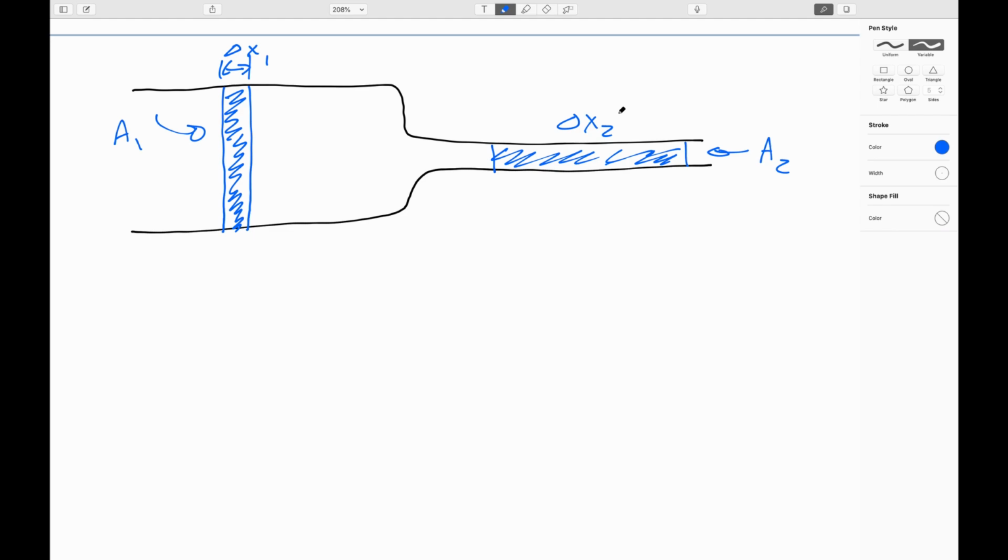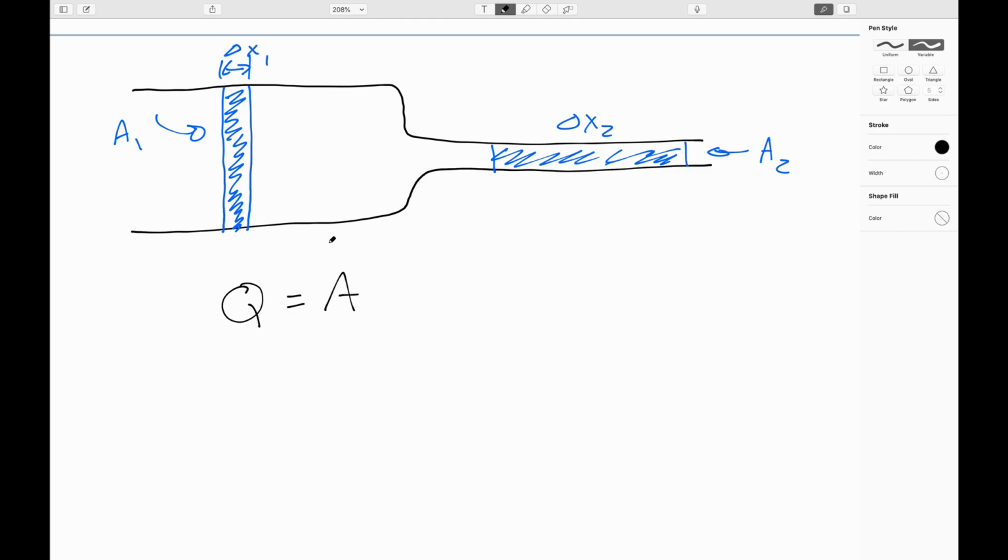So in order to have the same volume of fluid go through in the same amount of time, the rate at which the fluid goes through in units of volume is called the volumetric flow rate. This would be equal to this area.